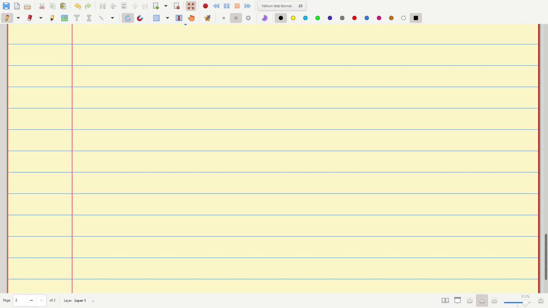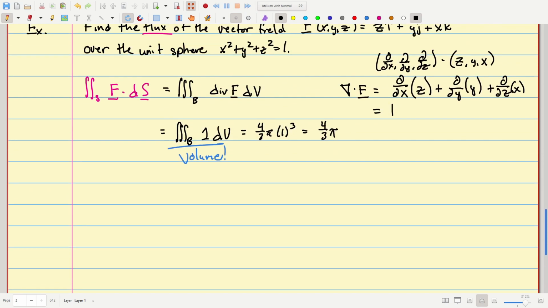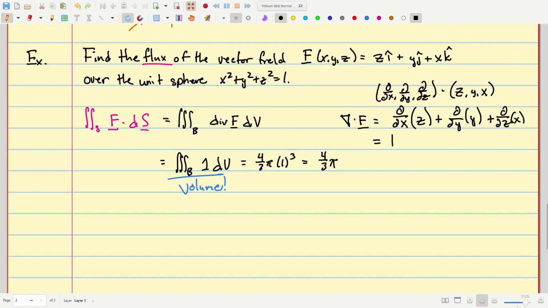I understand your concern. Part of the reason why that problem was so easy is that the example chosen, our vector field, ended up having a very simple divergence. Okay? And so this is one of the things that we are meant to train ourselves to pick on. If the vector field has a really easy divergence or a really easy curl, then we use our theorems that tell us stuff about the curl and the divergence if we can, because it greatly simplifies the complexity of the problem.